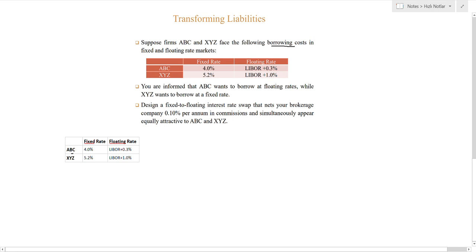ABC company wants to borrow at floating rates, while XYZ company wants to borrow at the fixed rate. Design a fixed to floating interest rate swap that nets your brokerage company 0.10% per annum in commissions and simultaneously appears equally attractive to ABC and XYZ.